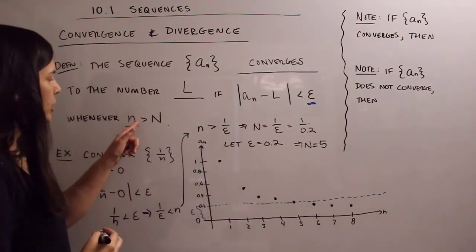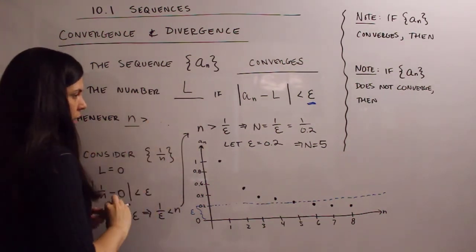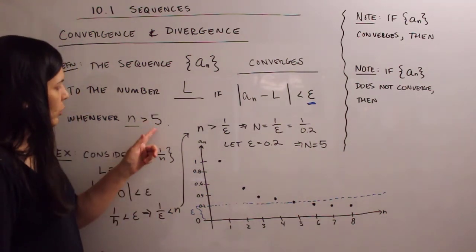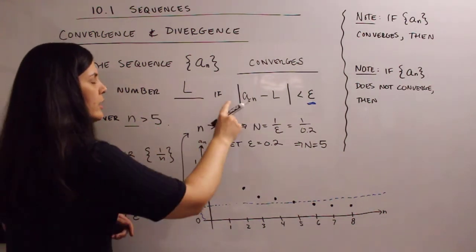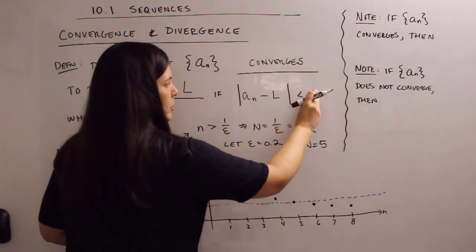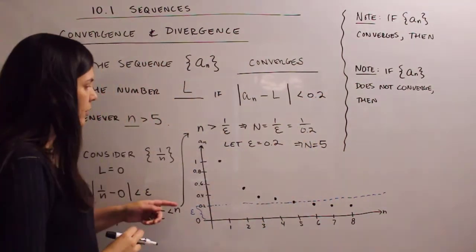So from our definition, I'm just going to erase and fill in our definition. As long as little n is more than 5, then the distance from our term value to our approach value should be less than 0.2. And let's see if it makes sense.